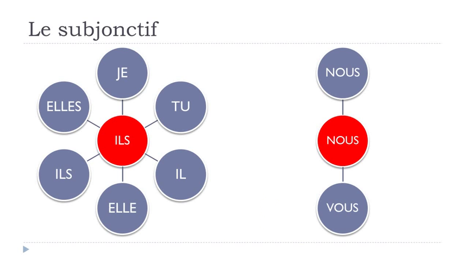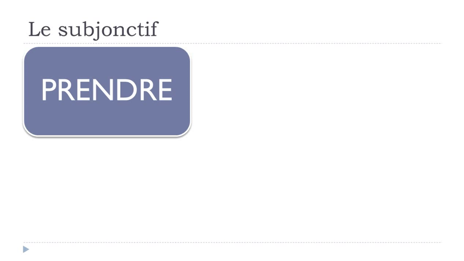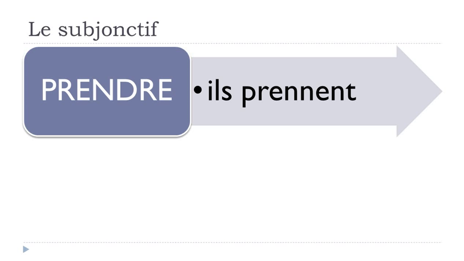So you know what? I will take a tricky verb. Just to start, we'll take a tricky verb, and after that you will think that the rest is really easy. So let's take prendre, for instance. And so as I told you, the idea is to take the present form of the verb, okay?